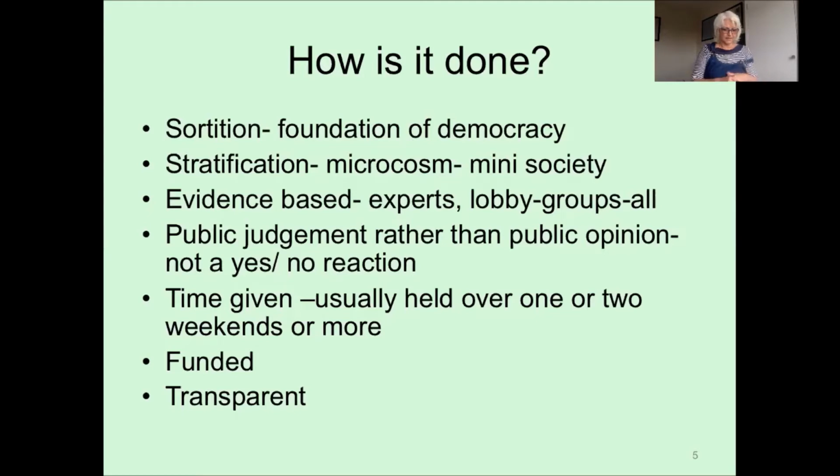But nowadays, stratification is used, and that really means that from your random group, your sortition, you would then fine-tune that so that the group becomes representative of society as a whole. So a mini society and a microcosm.